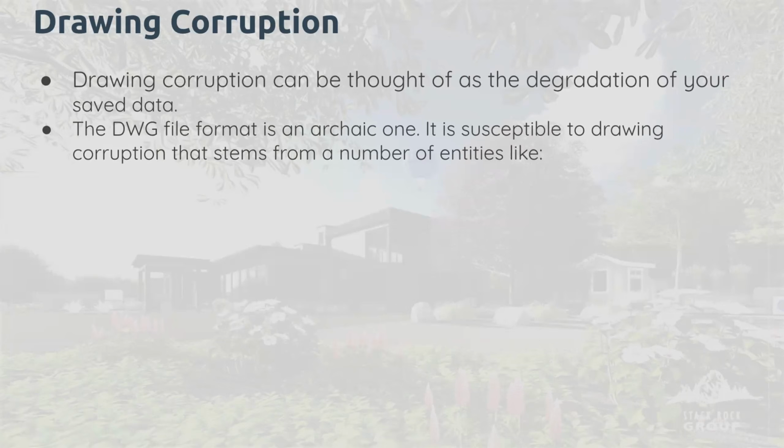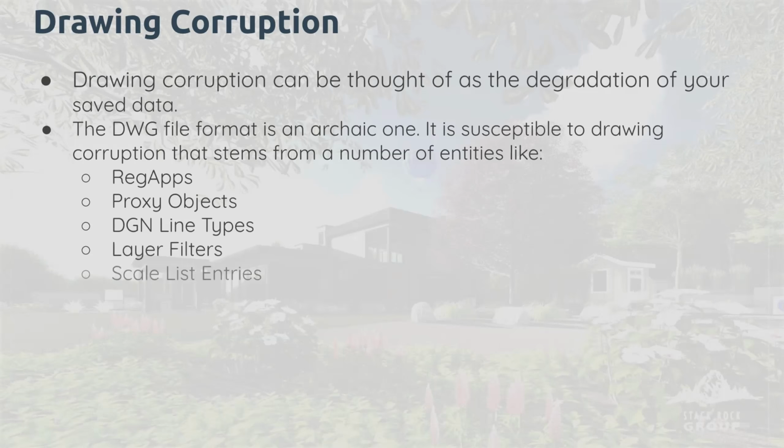It's susceptible to drawing corruption from a number of entities, such as Regaps or registered applications, proxy objects, DGN line types, layer filters, scale list entries, shape definitions, and probably more.